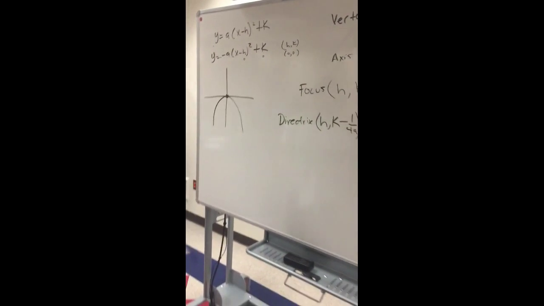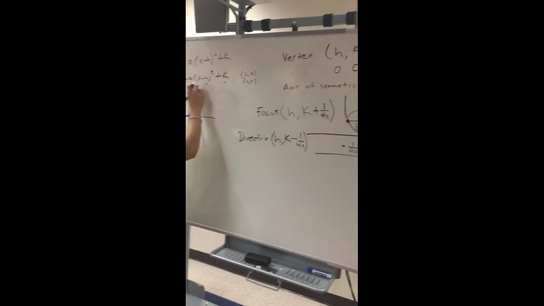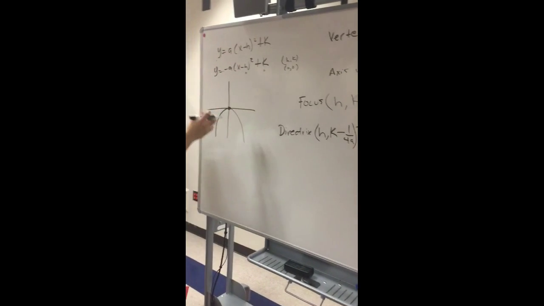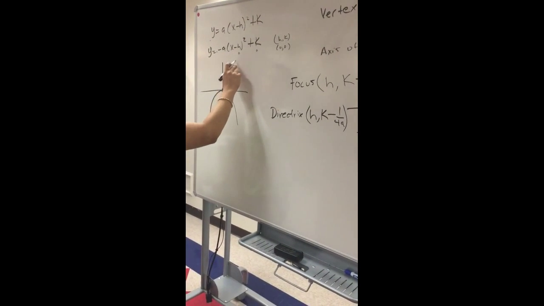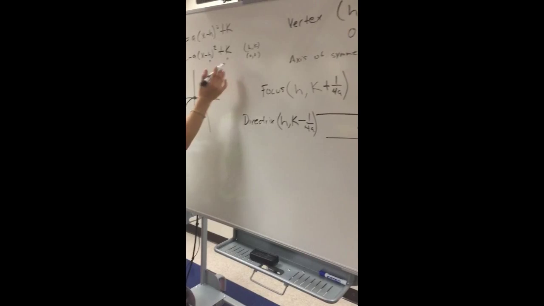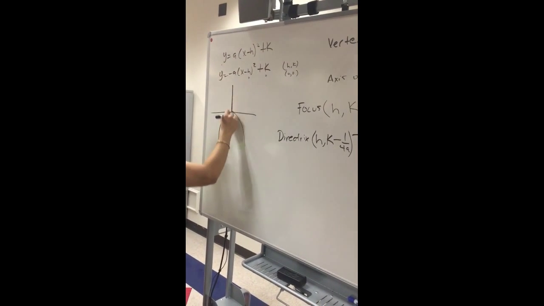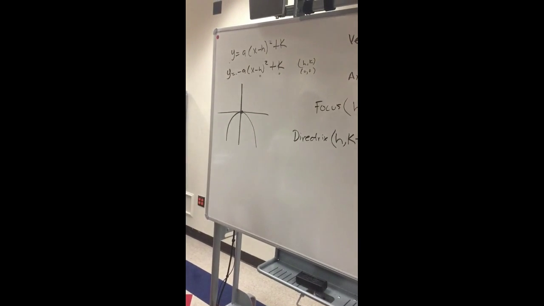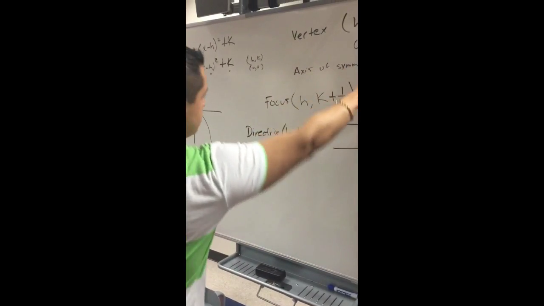For the axis of symmetry, we have to set this equal to 0 so that we can derive the axis of symmetry from this part. And x minus 0 equals 0. The axis of symmetry is going to be at x equals 0. It's going to stay exactly the same.